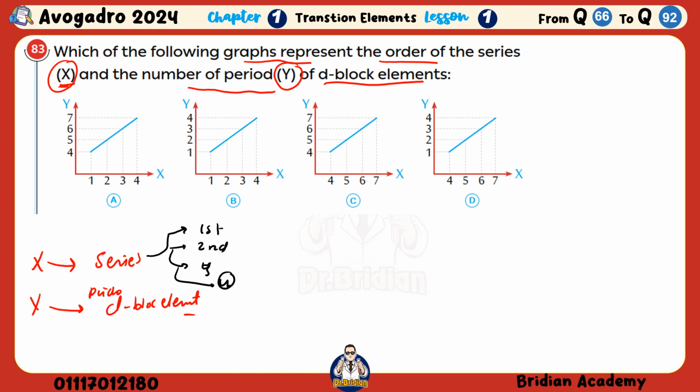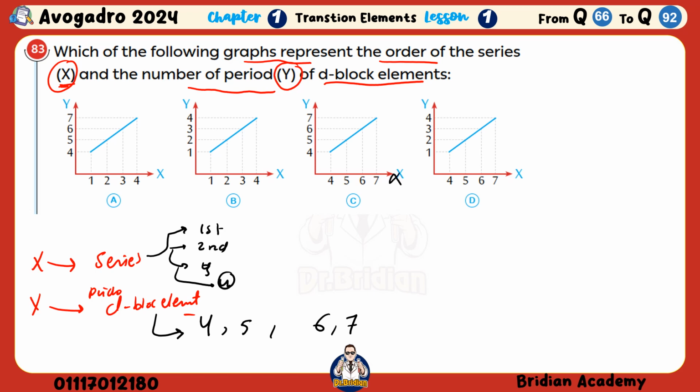As for the d block element period, it will take numbers ranging from 4 to 6, maybe 4, 5, 6 or 7, maybe 4 to 7. Okay, let's show that in our figures. X has the numbers 1, 2, 3, 4. So here it will be 4, 5, 6, 7. Wrong.